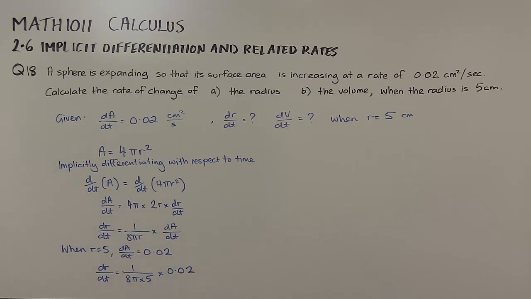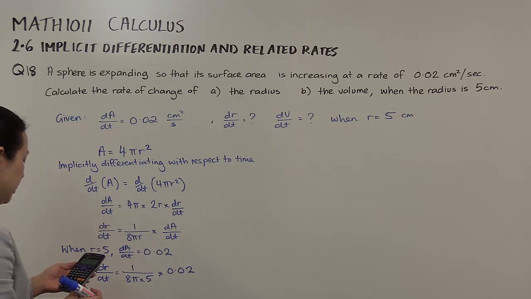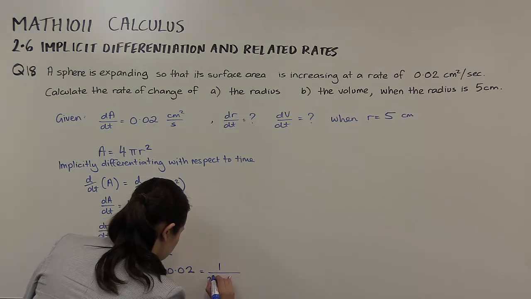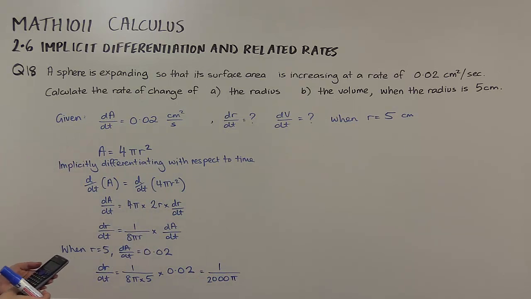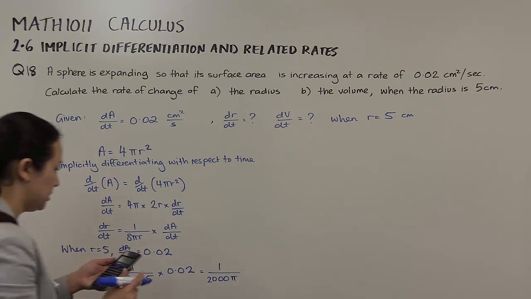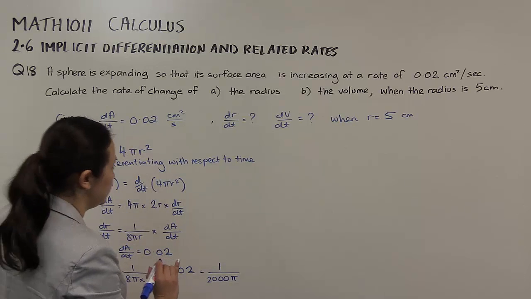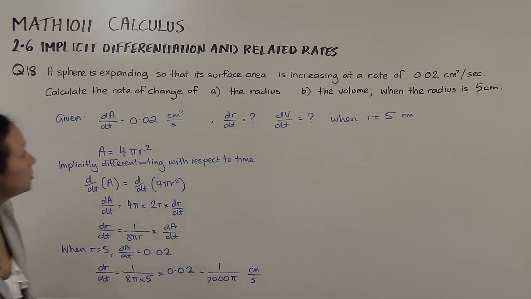On our calculator, let's first just calculate 0.02 divided by 8 by 5. So this is 1 on 2000 pi, if we want to keep it exactly. That's centimeters per second. Okay, so that's dr/dt.